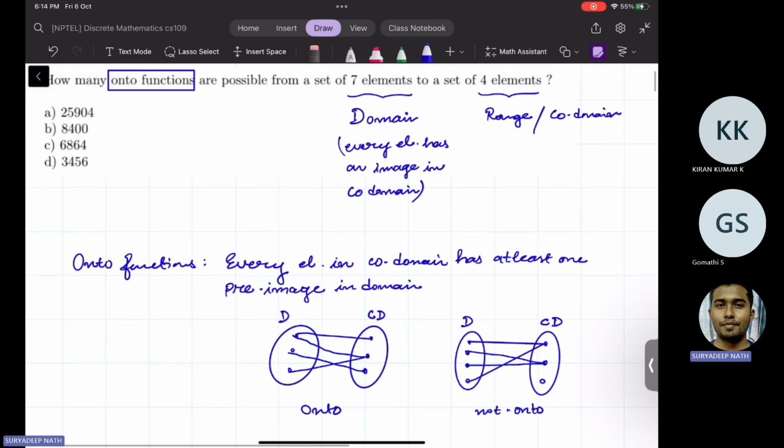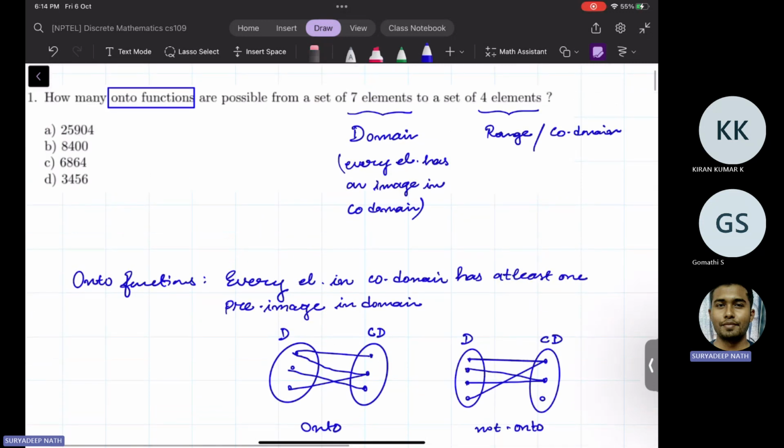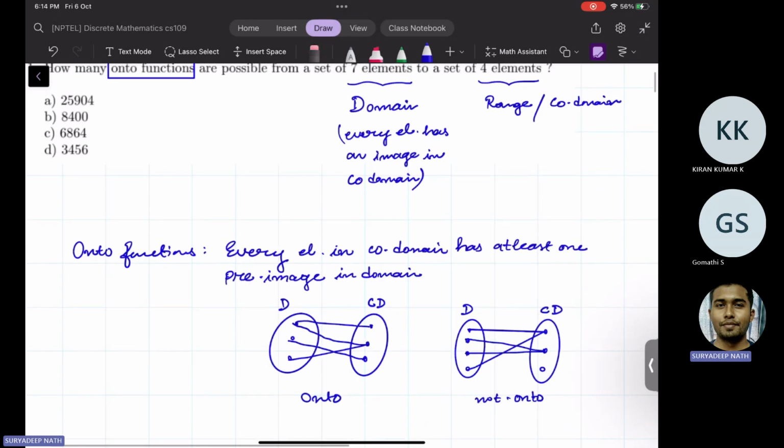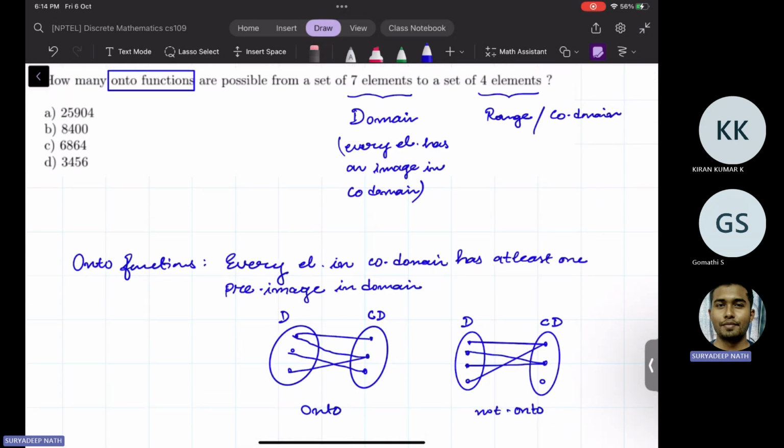Now we have been asked to find such functions where the size of the domain is 7 and the size of the codomain is 4, such that the function is onto.